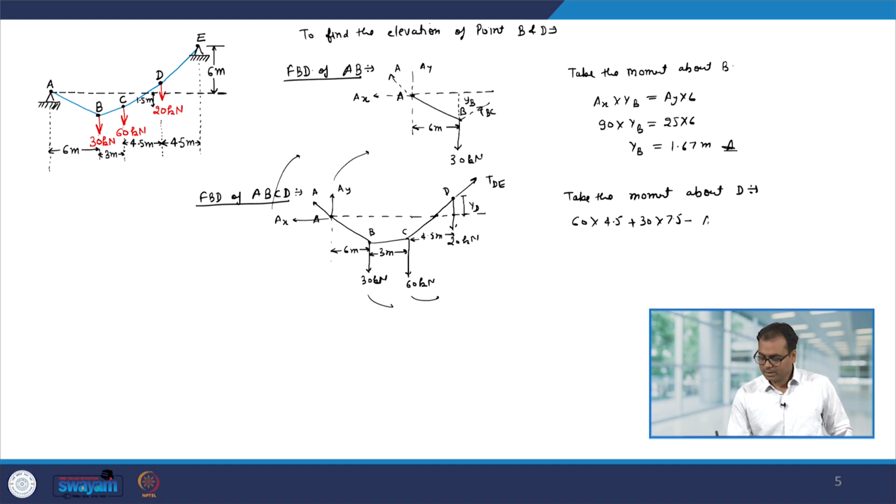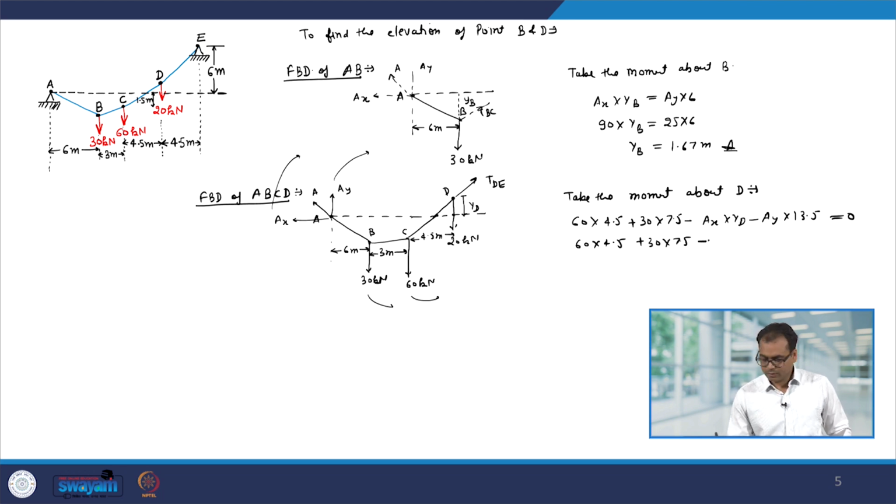Therefore, minus Ax into Yd minus Ay into 13.5, because 6 plus 3 plus 4.5 is 13.5, and this is equal to 0. Again we know the values of Ax and Ay, so the only unknown is Yd. So, let me just write down the values.